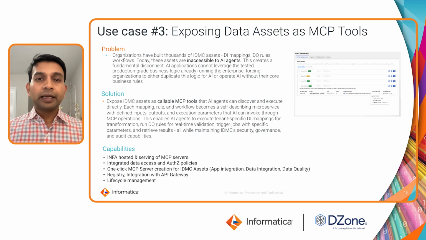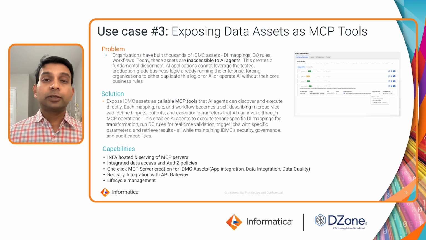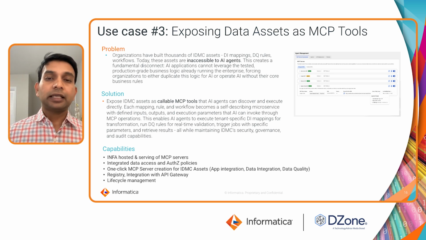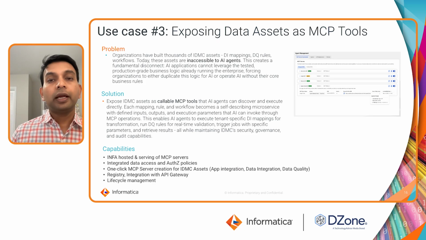Today they are inaccessible to AI agents, but with MCP servers, it exposes those IDMC assets as callable MCP tools so that your AI agents can discover and execute them directly. And that makes those AI agents more accurate, more contextual based on your enterprise business processes.